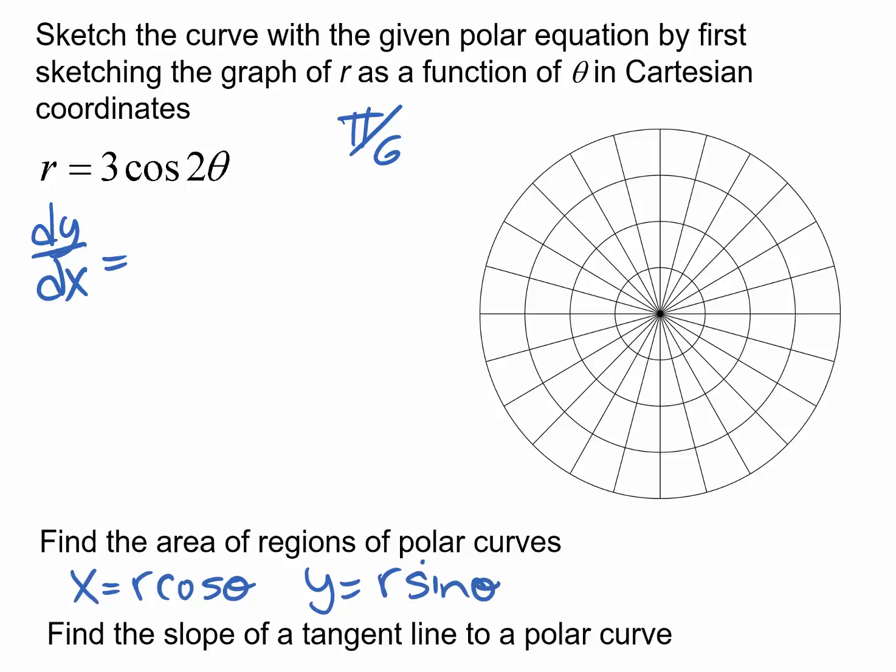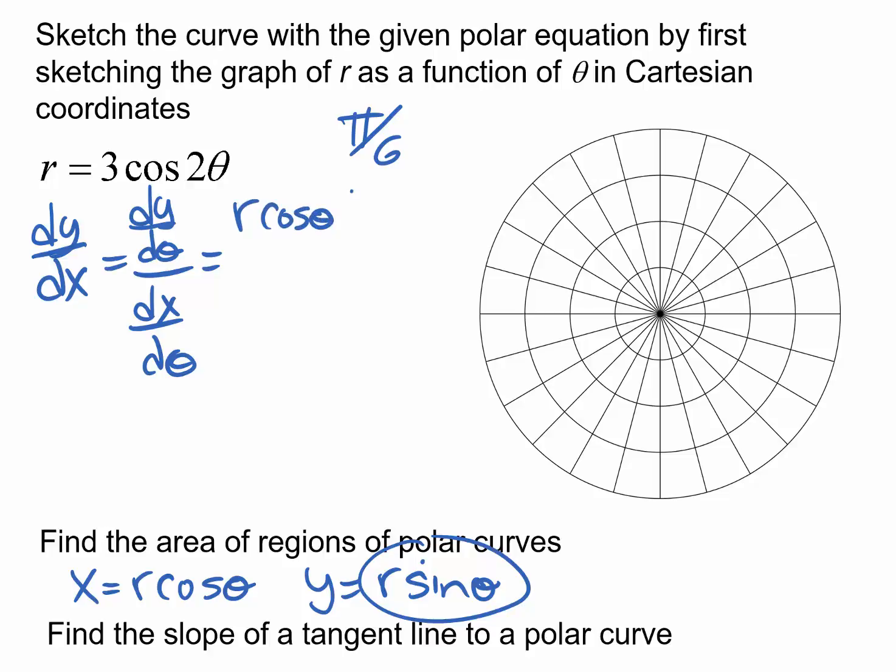So if I want dy dx, I'm going to take dy d theta over dx d theta. Now dy d theta is going to be a product because r is a function of theta. So it's going to be the first times the derivative of the second plus the second times the derivative of the first.